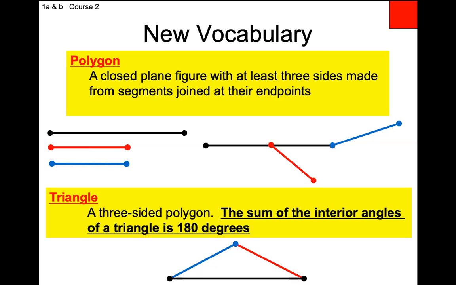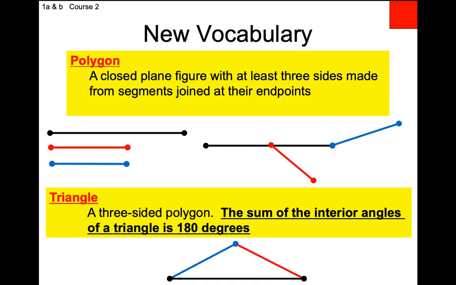Now, until we get to high school, we accept that as a fact. When we take geometry in high school, I will prove that to you. But for right now, we're going to write that down as a fact: the sum of the interior angles of a triangle is 180 degrees. There is a nifty little trick that we would do in class together, but since we're not in class, I don't do it. So you're going to have to wait until high school for me to prove why this is true.